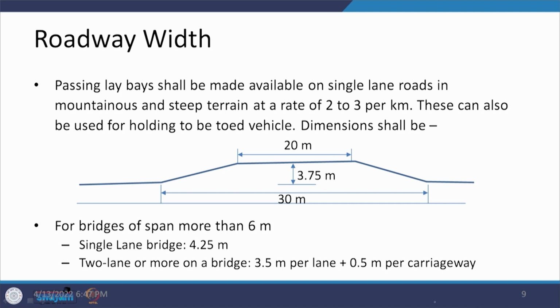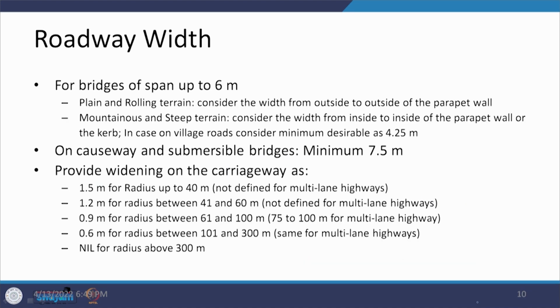Now, what it says is that if we have bridges of a span more than 6 meters, then in that case we are going to provide a single lane, and the single lane bridge should be 4.25 meters wide. If it is a 2 lane or more than 2 lane on a bridge, then it should be 3.5 meters per lane, plus an extra width should be provided as 0.5 meters per carriageway. So, this is a case when the span is more than 6 meters. When the span is up to 6 meters, then what?